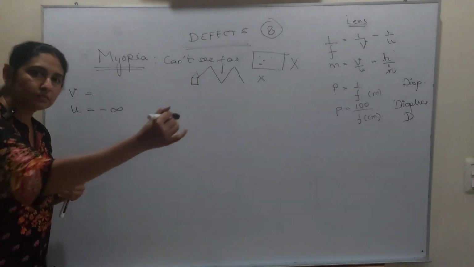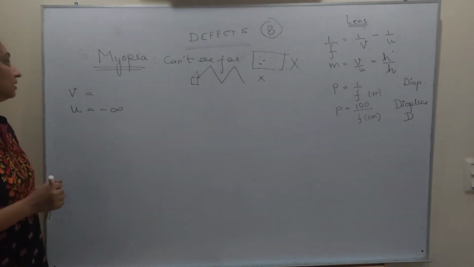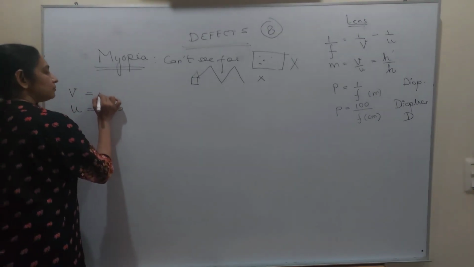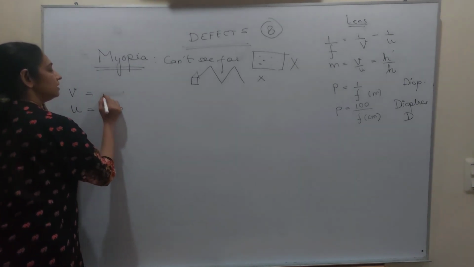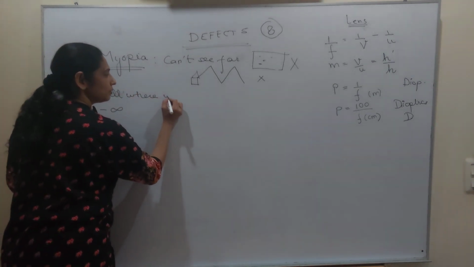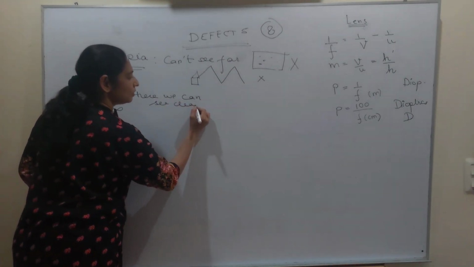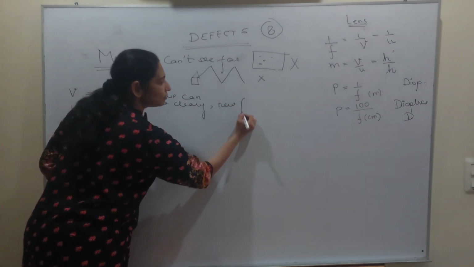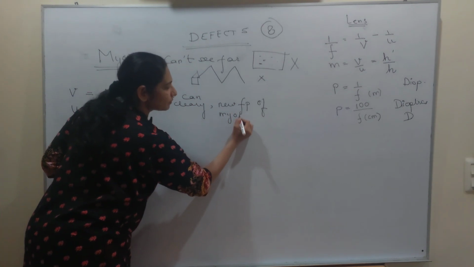So that distance between the blackboard and the new bench is the v. This is till where we can see clearly, or it can also be called the new far point of the myopic eye.